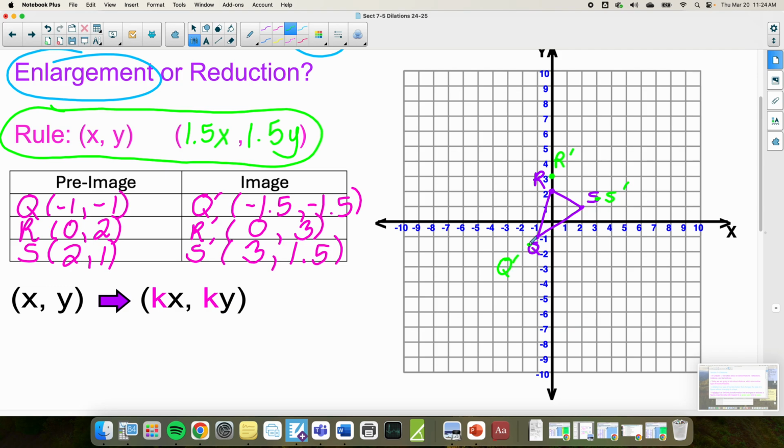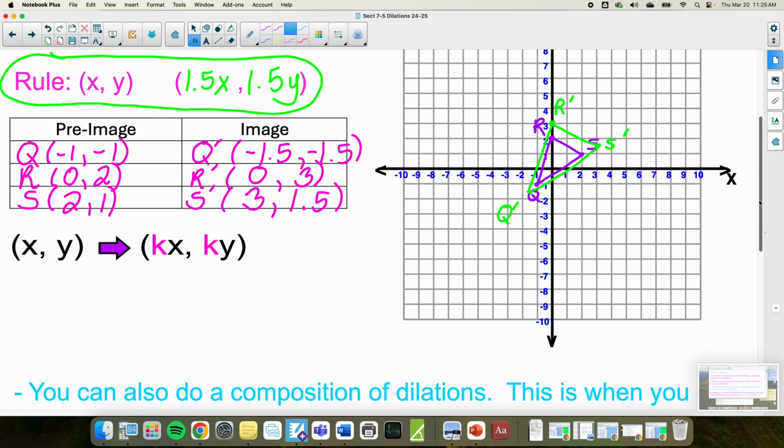And when you draw that new image, okay, again, do not be surprised if it has a bigger distance between on the sides where your coordinates are a little larger. You're not going to have it where it's all equidistant unless your points are all equidistant from the center. Okay?